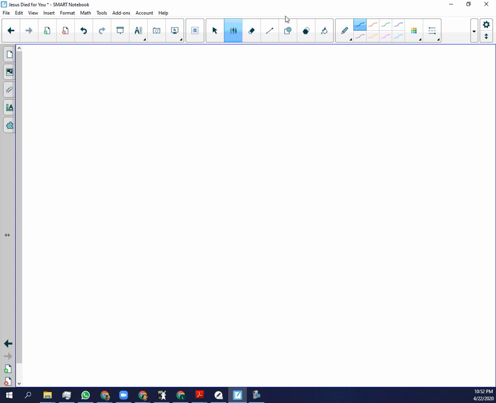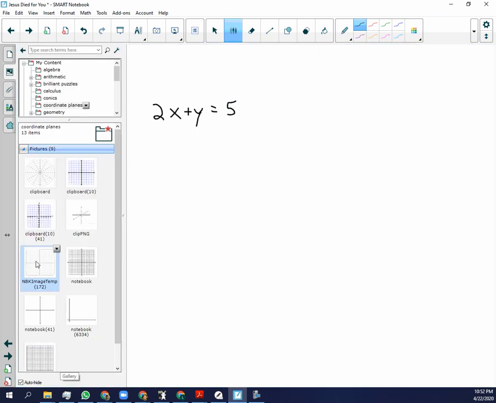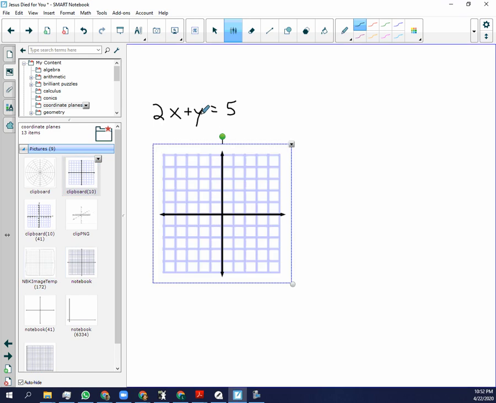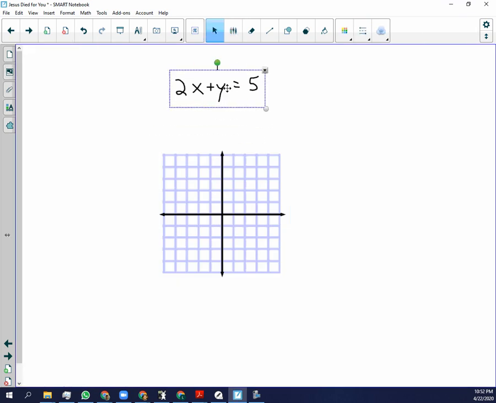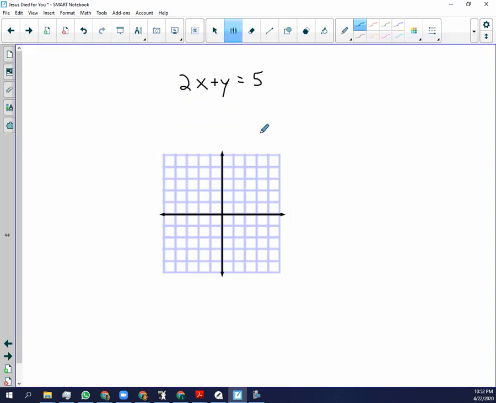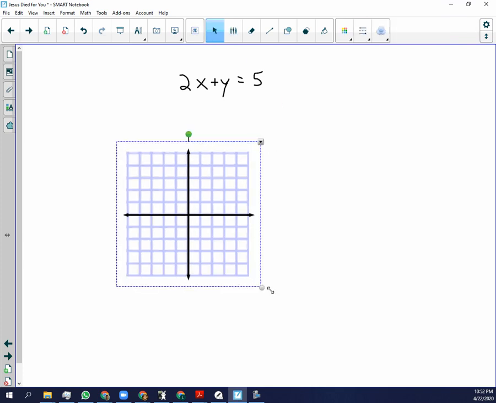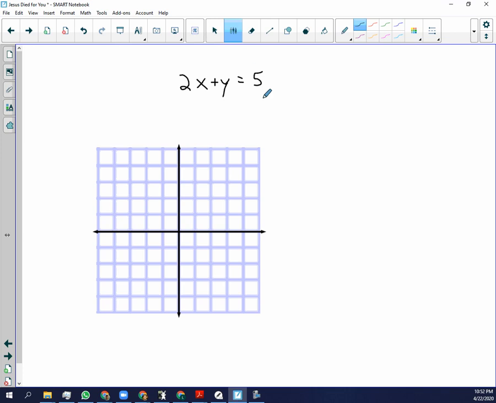Okay, how about the equation x plus y? Oh, let's make it even more fun: 2x plus y equals 5. We don't need the big one for this one. I think I can pause the video and see if you can think of a solution or two to this equation.